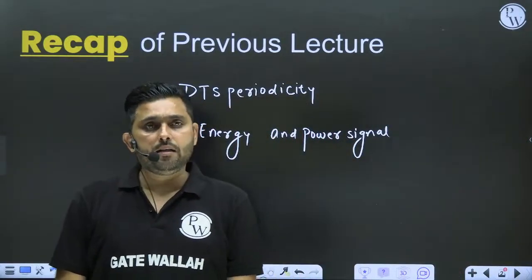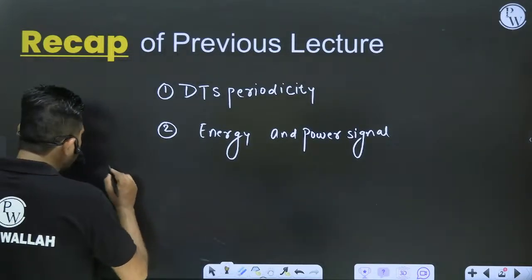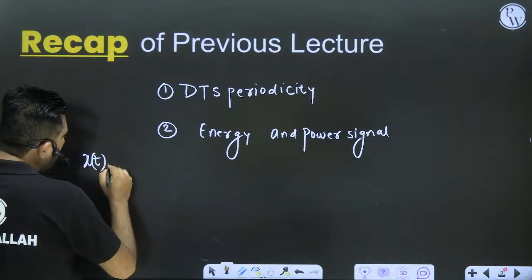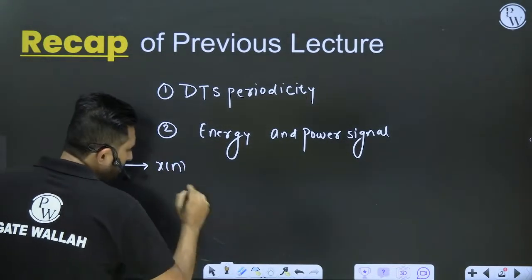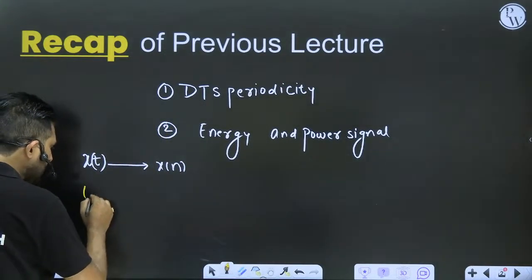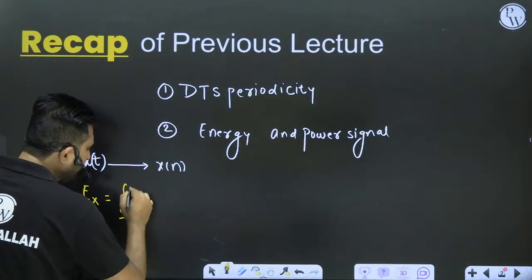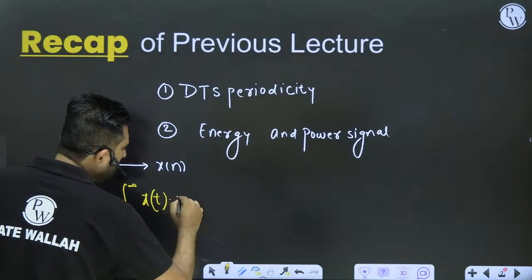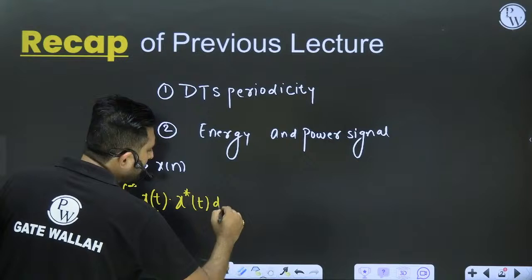What I said about energy and power of a function: if the signal is x(t), whose discrete version is x(n), then in continuous time energy Ex is given by the integral from minus infinity to infinity of x(t) into x conjugate of t dt.